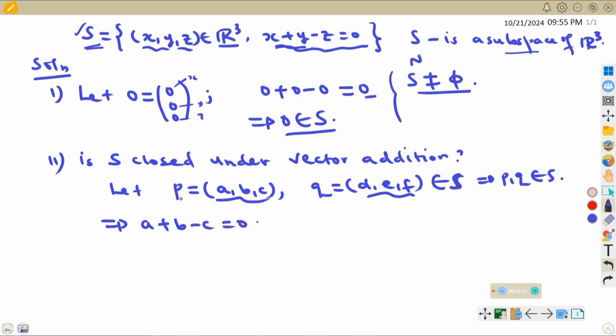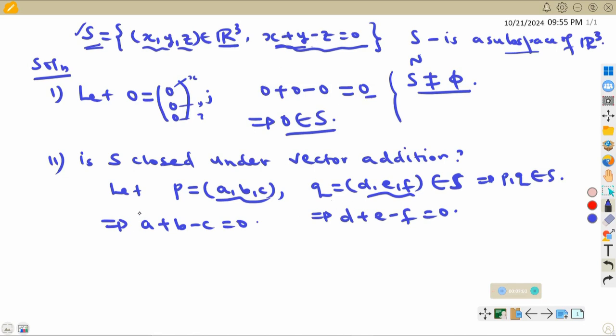We are writing this because P is an element of S. If P is an element of S, then its components for x, y, and z must satisfy this given condition. Similarly, Q, which has entries D, E, and F, is also an element of S. If that is true, it also implies that D plus E minus F also gives 0. This is by definition: for any given vectors we pick from S, this condition must be satisfied. And if we pick P and Q from S, then they satisfy this.